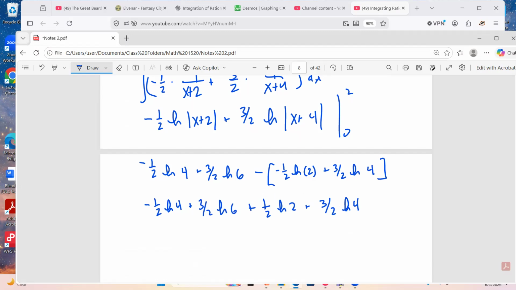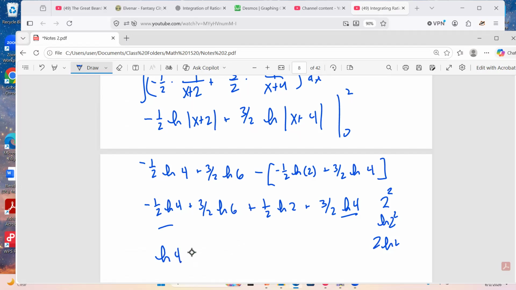The back of my books would frequently feature shenanigans because people would say 4 is really 2 squared, so that's 2 natural log of 2. But here we have -1/2 natural log of 4 and 3/2 natural log of 4, so we have 2/2 natural log of 4, better known as 1. So we have the natural log of 4.